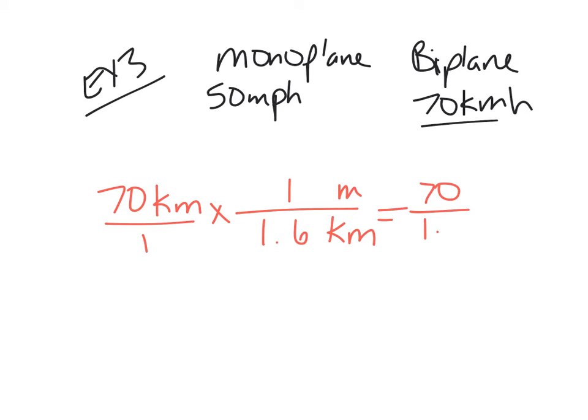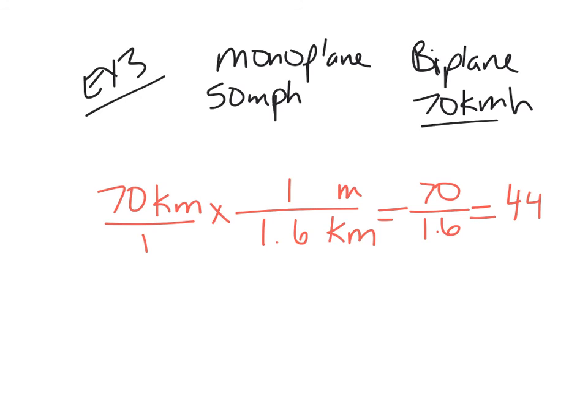I get 70 over 1.6, which would be what? 43.75. Okay, so I'm just going to round it up to 44 because we're comparing it to 50.